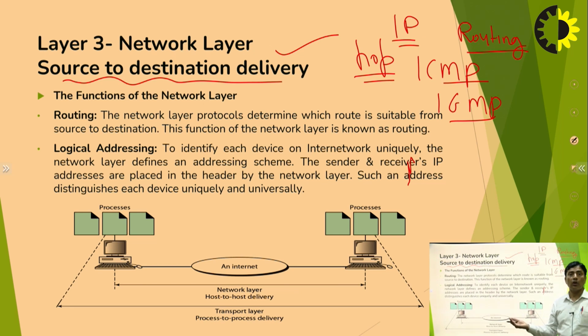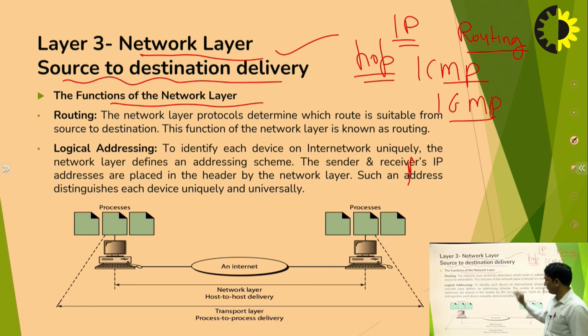This routing protocol may be a distance vector protocol or a link state protocol. A number of different protocols assist in performing all the responsibilities covered by this network layer. Let us see the functions of this network layer.